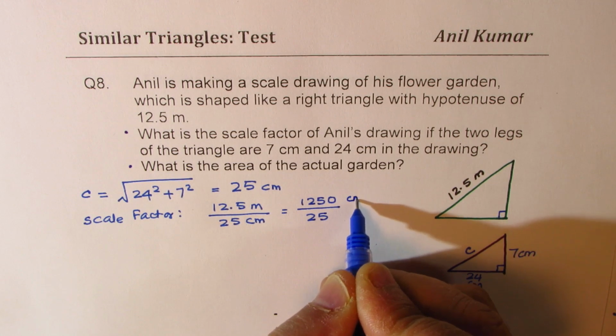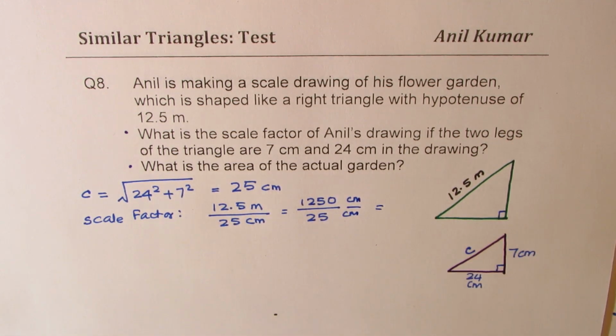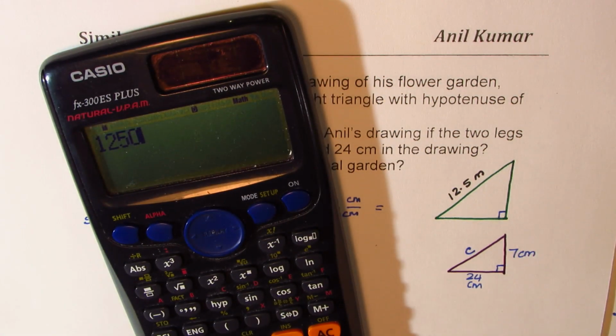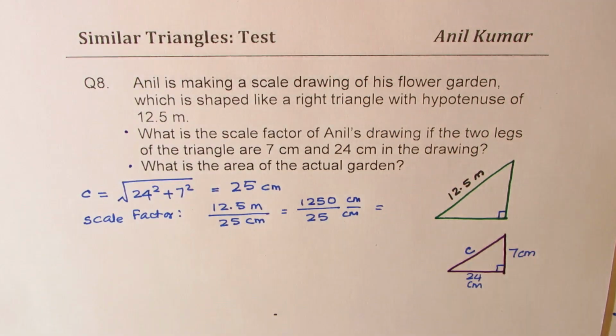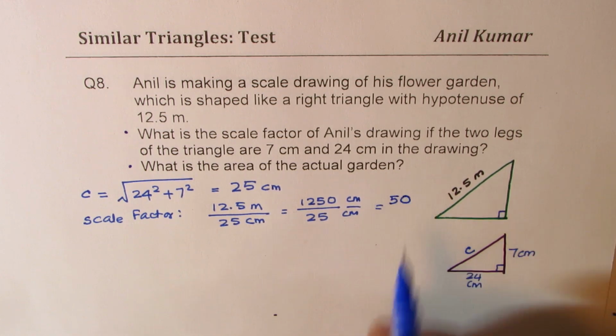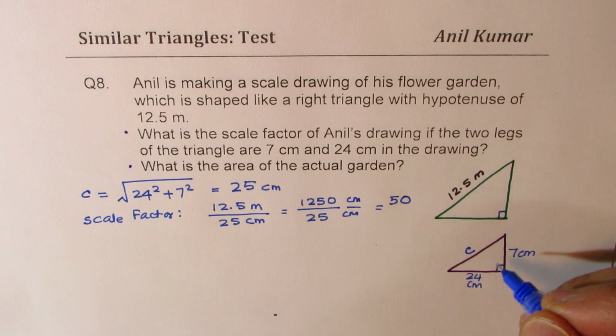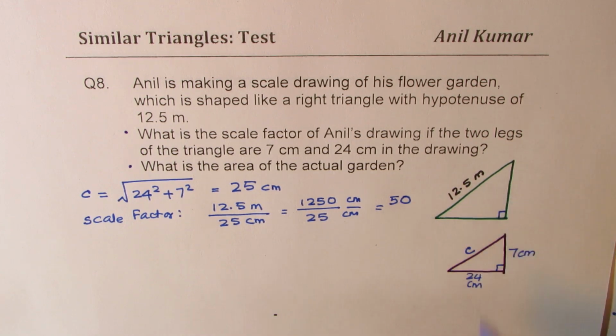Now both are in centimeters, correct? So when you divide, what do you get? Okay, so let's divide and find our answer. So we get 1250 divided by 25. So that gives you 50 as your answer. So the scale factor is 50. Correct? Each side will be multiplied by 50 times.